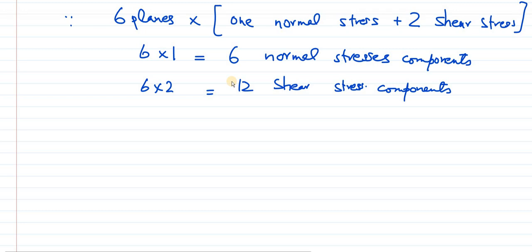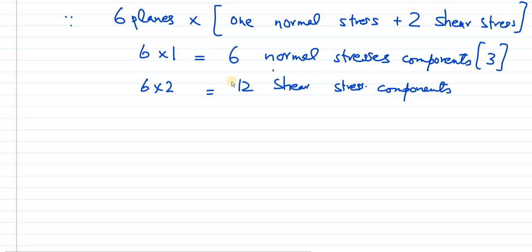If we know half of these, if we know three of them, the rest of the three are established by equilibrium.